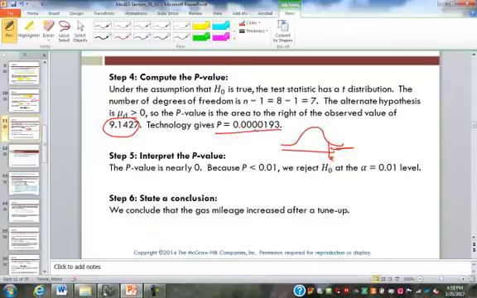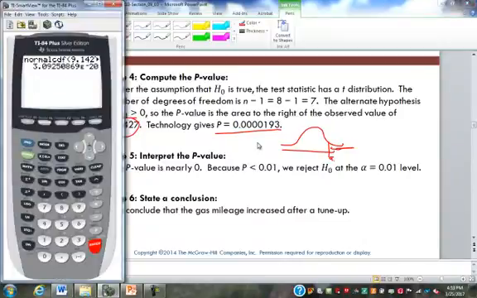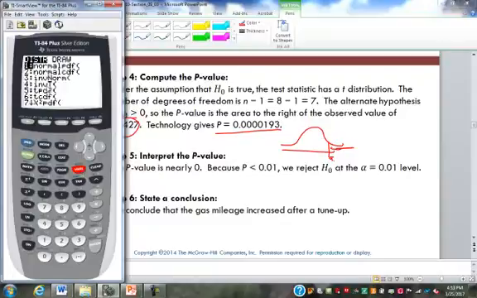Now they're giving 0.0000193. So again, it's really, really small either way. Oh, sorry, that's why I didn't have the right one. Remember, this is always a t-test when we're dealing with paired samples, so I shouldn't have been using normal there. Should have been using the t-distribution.